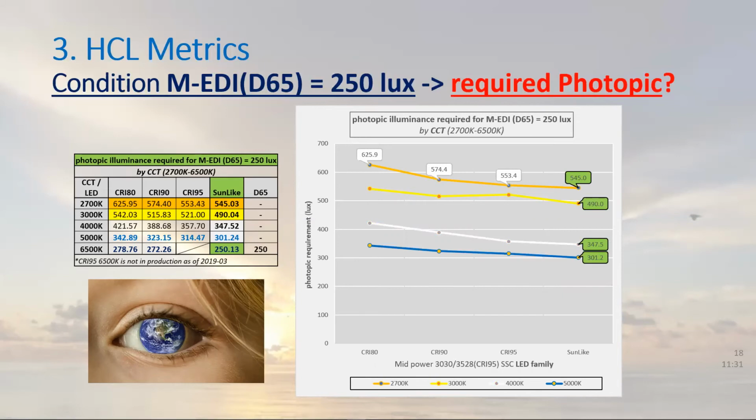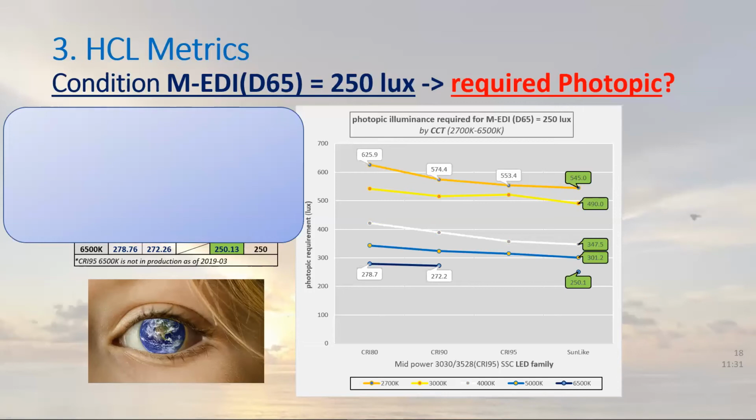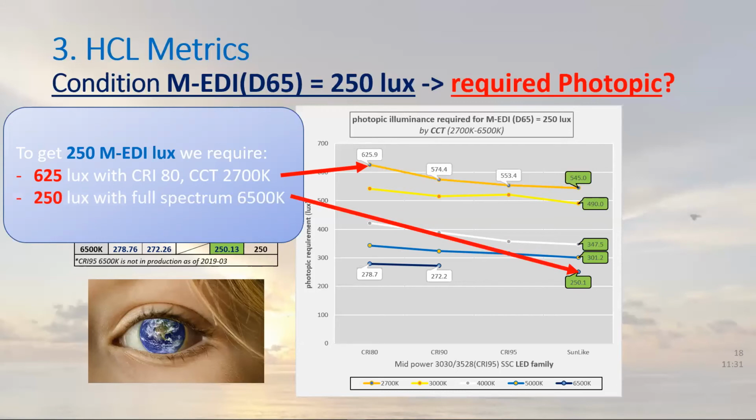And going down to 6,500, we see the same as before, that to get 250 melanopic equivalent daylight illuminance lux, we only need 250 photopic lux. So to get 250 melanopic equivalent daylight illuminance lux, we require 625 lux with CRI 80 at CCT 2700, but we only require 250 lux with full spectrum 6500 Kelvin.